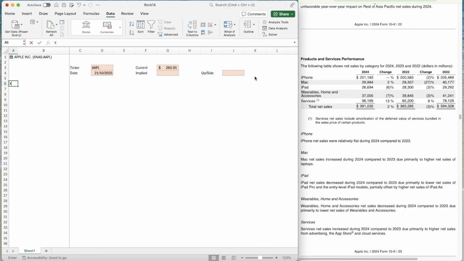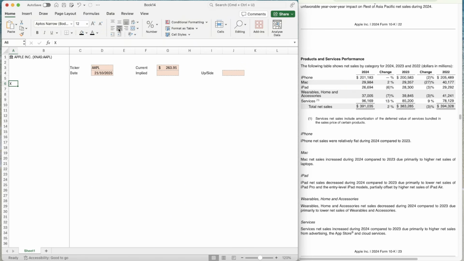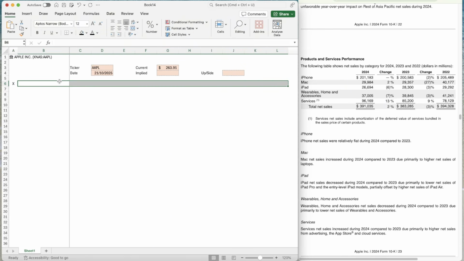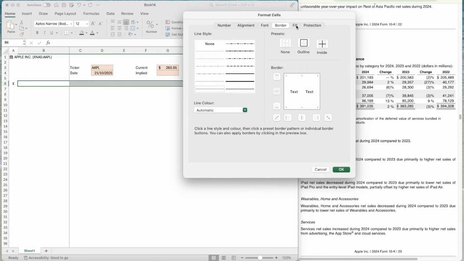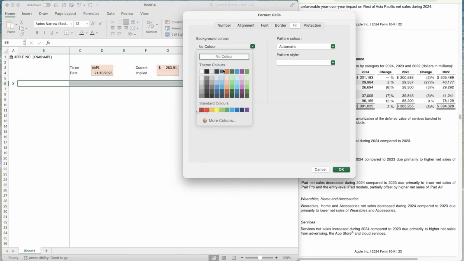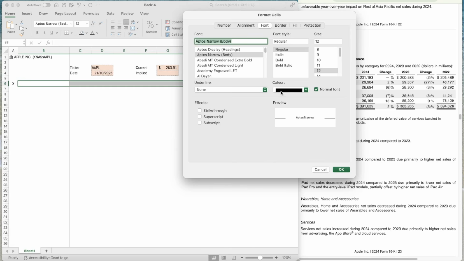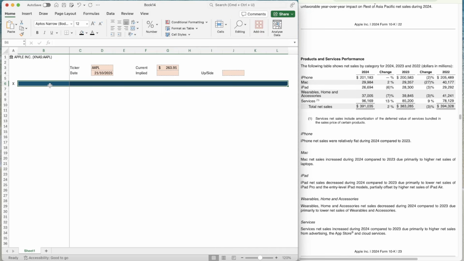In the A column, just put in a little X and center it. And highlight up to L. Go fill. There we go. We want to go assumptions.